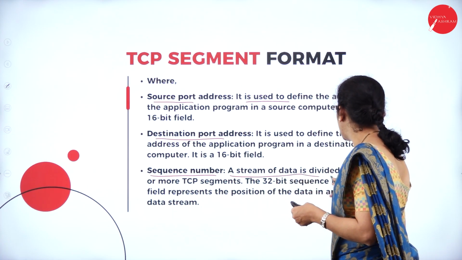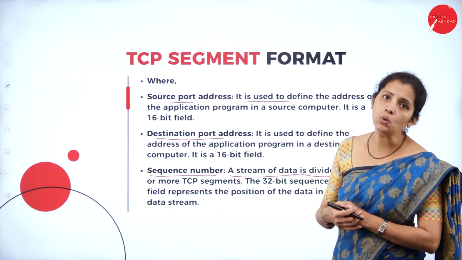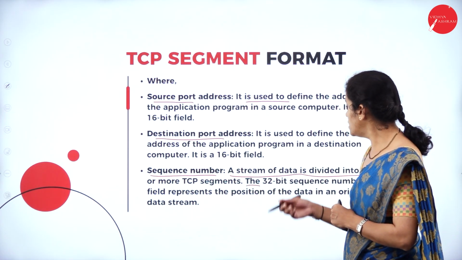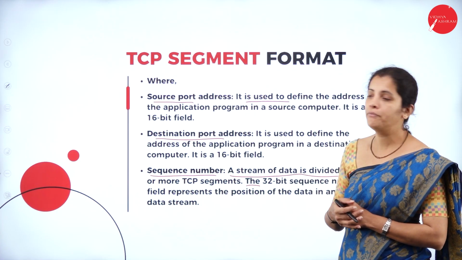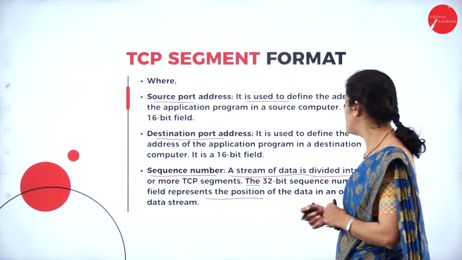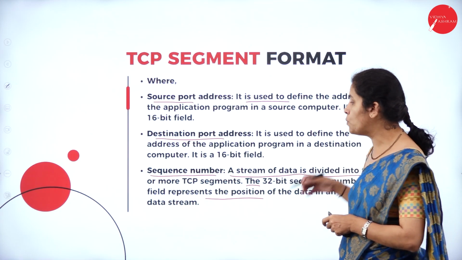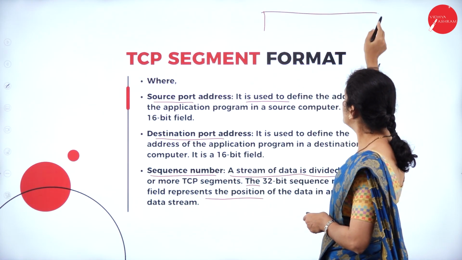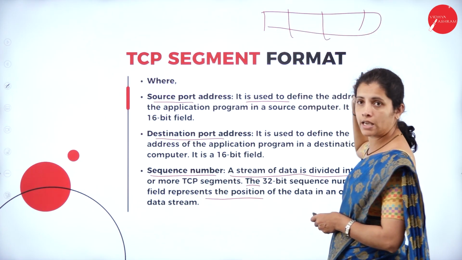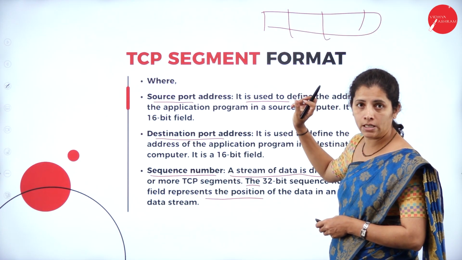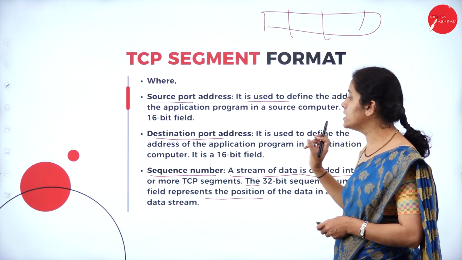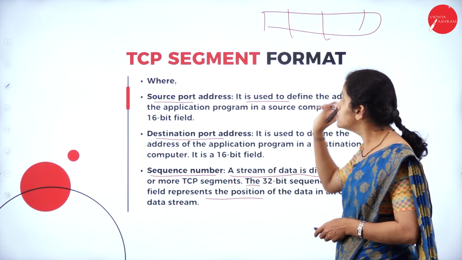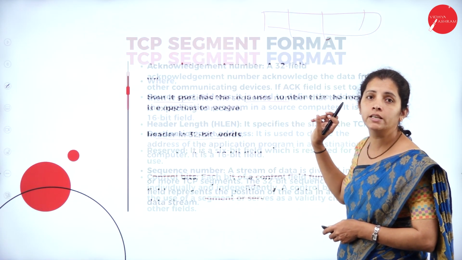A stream of data is divided into two or more segments, and the 32-bit sequence number field represents the position of the segment in the original data stream.